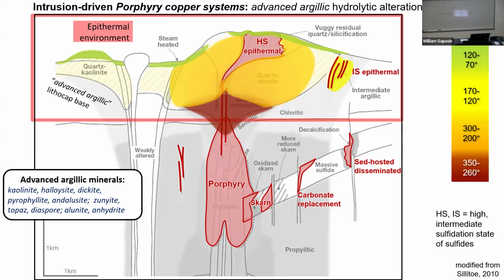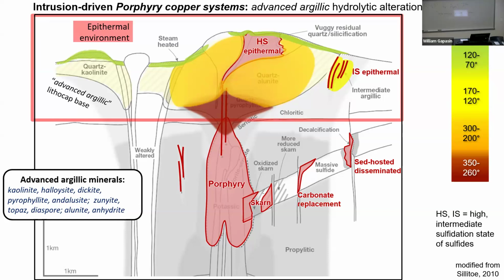But also, with short-wave infrared particularly, we can define almost all of these minerals because they have hydroxyl or sulfate bonds with a short-wave infrared signature. Kaolinite, dickite, pyrophyllite, alunite, all aluminosilicates. Aluminosilicates with fluorine, zunyite, topaz, diaspore, aluminum oxide, and anhydrite. They're all advanced argillic alteration by definition. They combine with quartz and pyrite, very commonly present.